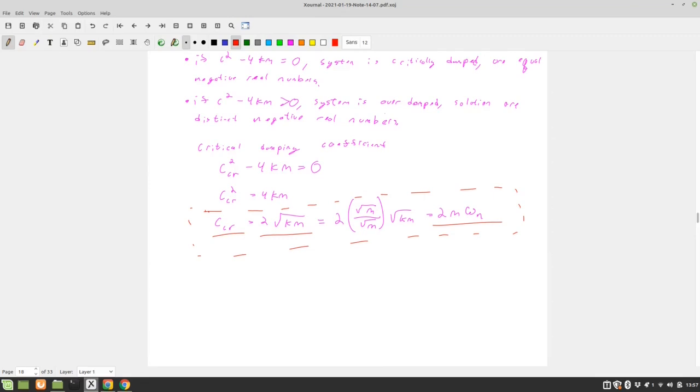We want a generalized way to distinguish between different types of damping. And we're going to call that zeta.